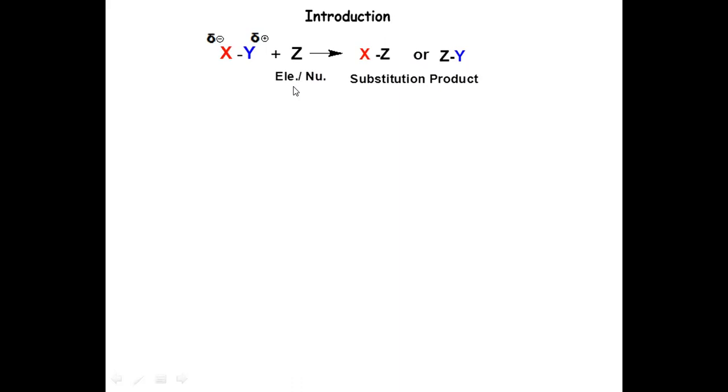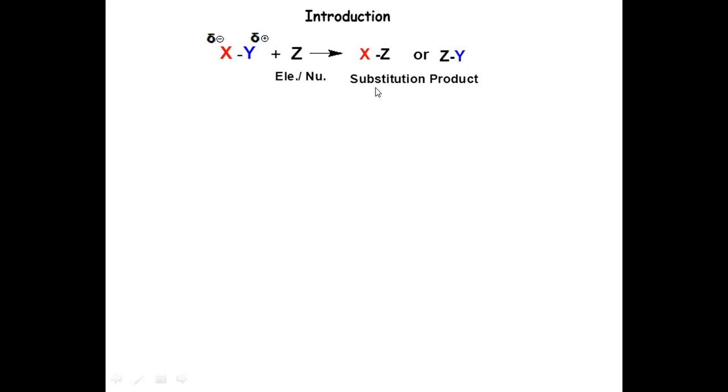If an electrophilic Z replaces, then you get an electrophilic substitution product. If Z is an electrophile, then it is electron deficient, and it will replace Y, and you'll get XZ as a product.